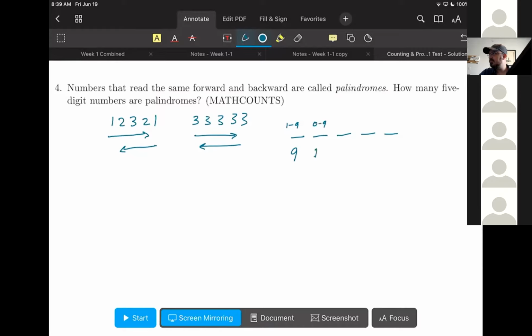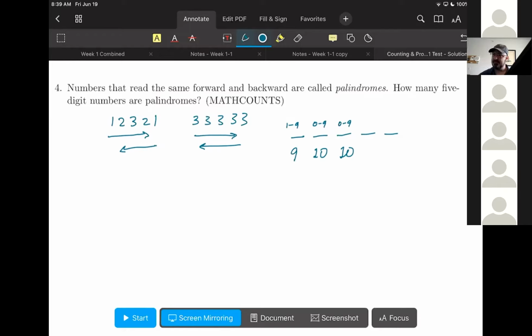So there are 10 possibilities here. What about the middle digit? 0 to 9 also. That's right. What about the fourth digit? It has to be the same as the second digit. So it has to be whatever this is. And what about the last digit? It has to be the same as the first digit.